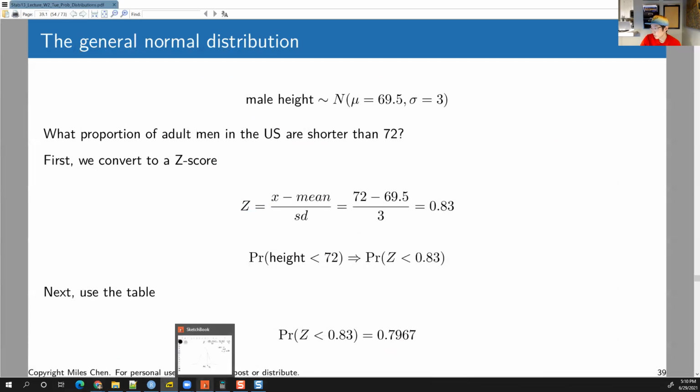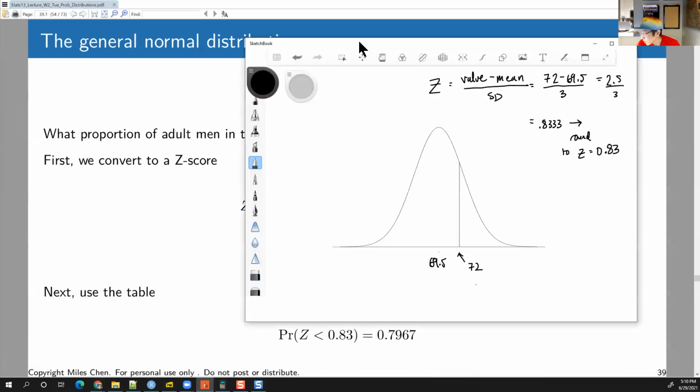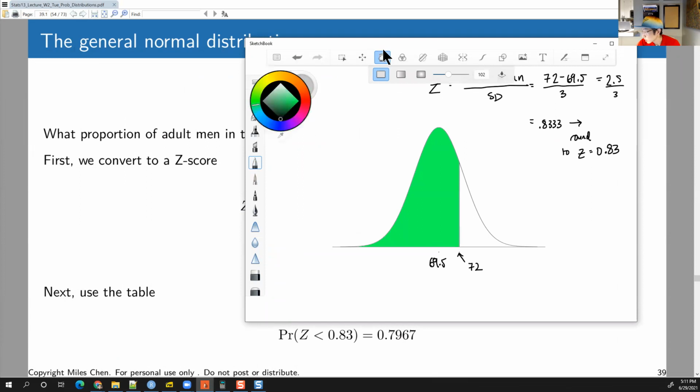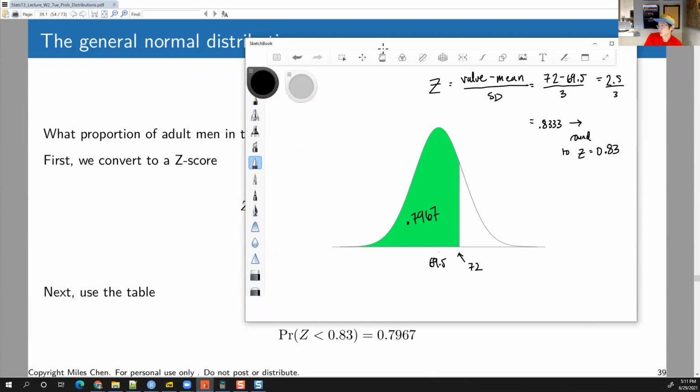So in my picture here, if I shade in everything to the left, this area is 0.7967, so just under 80%. Around 80% of adult men in the United States are under 6 feet tall, according to these made-up statistics that I have.